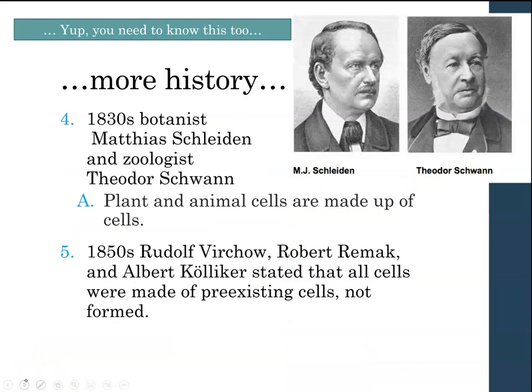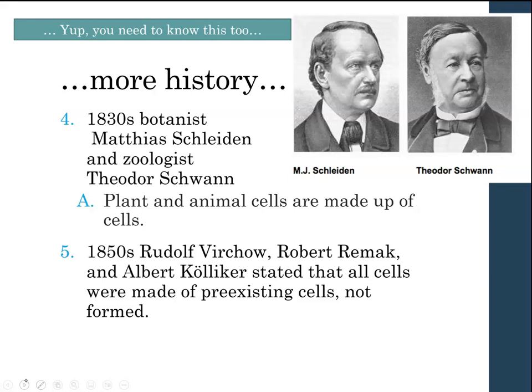So continuing on with our history, we had a couple of cell biologists who took Leeuwenhoek's and others' research and sort of put together the idea that plants and animals are actually made up of cells.